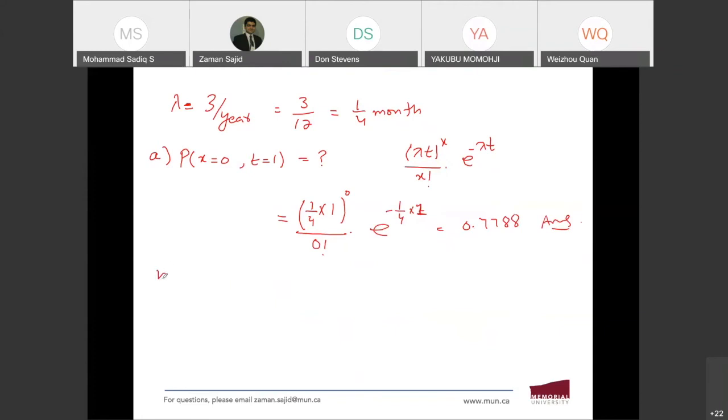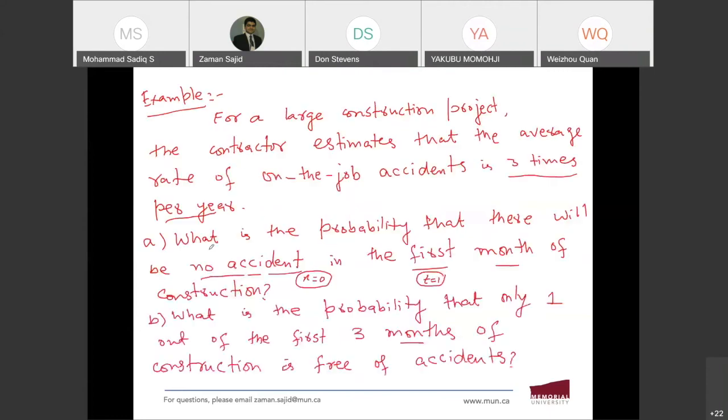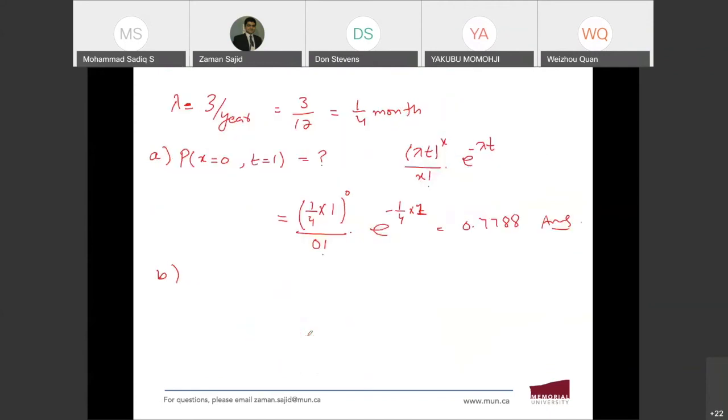Now in part B, he's asking what is the probability that only one out of the first 3 months of the construction is free of accidents. Now this we can solve using the binomial distribution, the general formula of the binomial distribution, where we have P of x equal to 1.